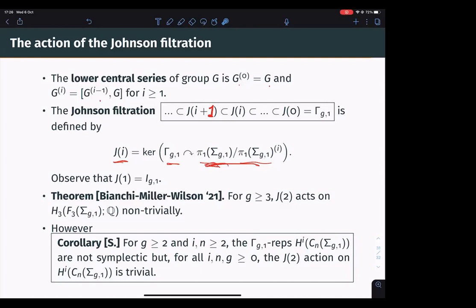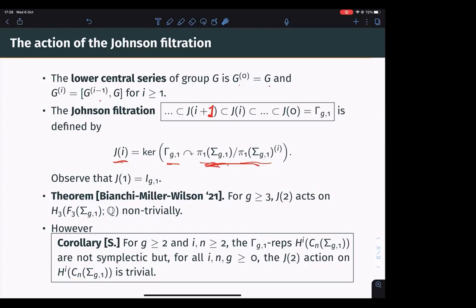But then a more recent theorem by Andrea Bianchi, Jeremy Miller, and Jennifer Wilson is that J2 acts non-trivially on the cohomology of ordered configuration spaces. So, along the way, maybe we could ask ourselves, does J2 act trivially or not in the unordered case?